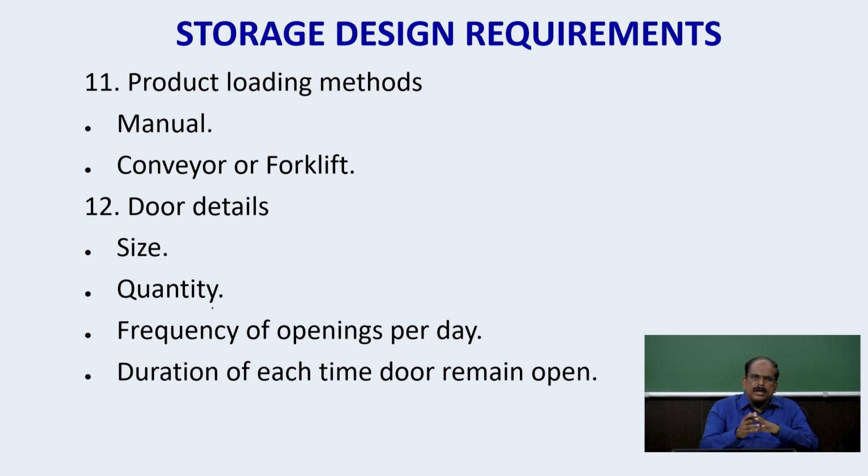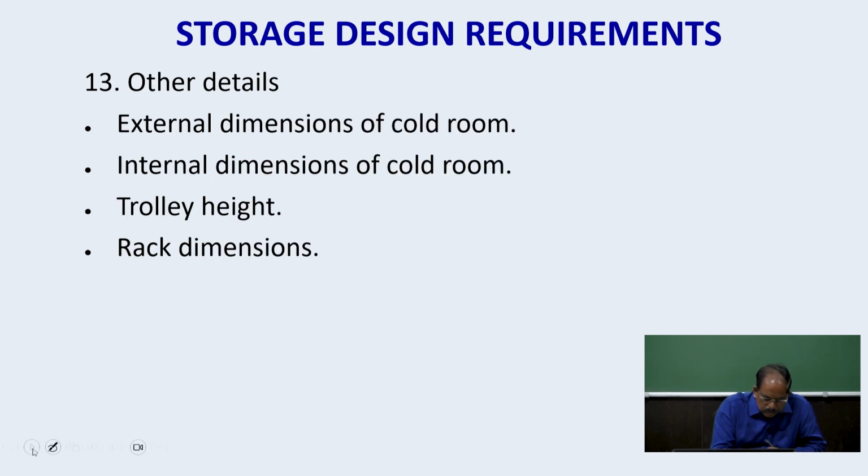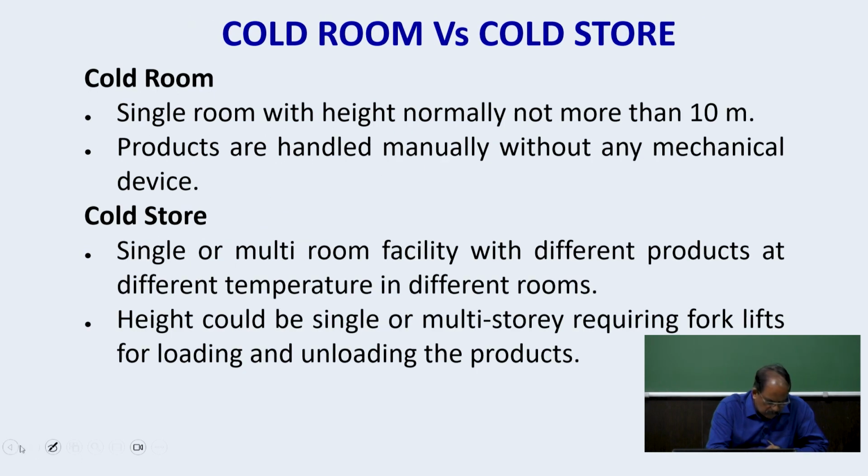So what is the duration between the door opening and the door closing every time per day? And other details: external dimensions of the cold room, internal dimensions of the cold room, trolley height, rack dimensions, etc. How many racks are there in every row or every column, etc. What is the dimension of that rack? All these things.